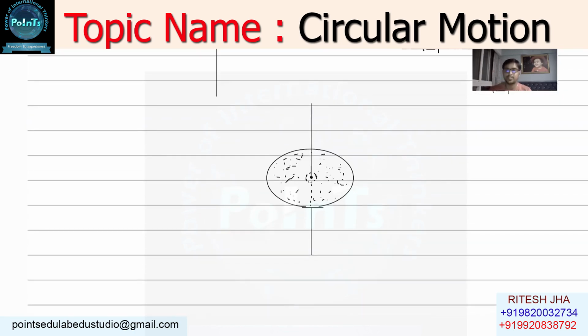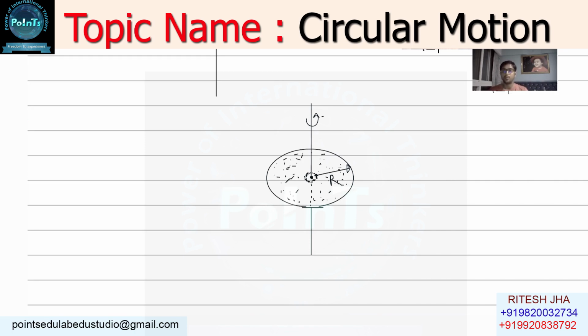Let it be then. I'm just telling you that you basically determine the moment of inertia of a very, very negligible, infinitesimal mass around this particular axis of rotation, and then you integrate it from 0 to r. That gives you the moment of inertia of this whole rigid body.